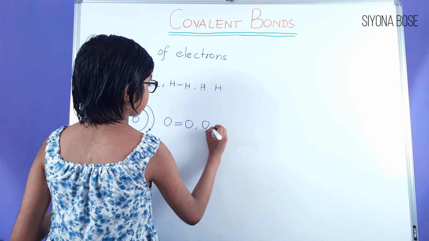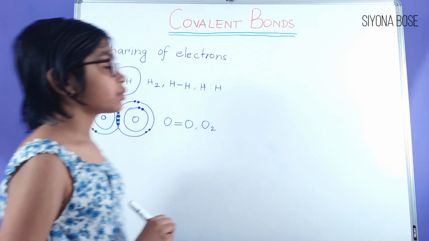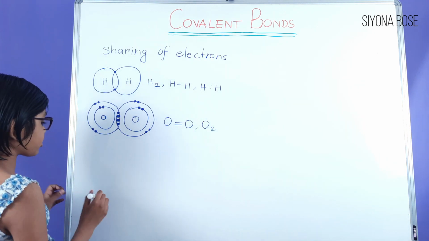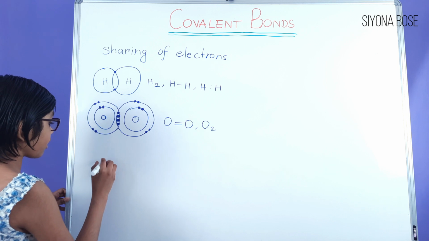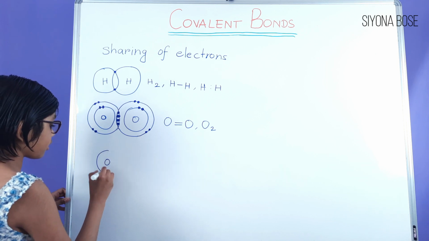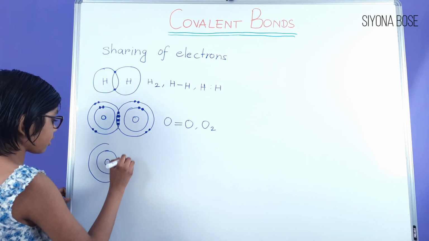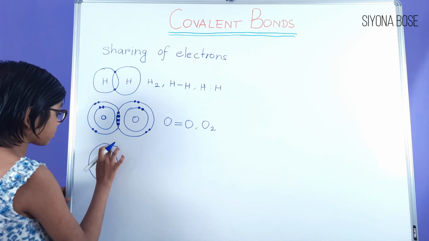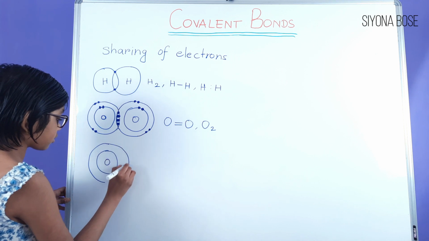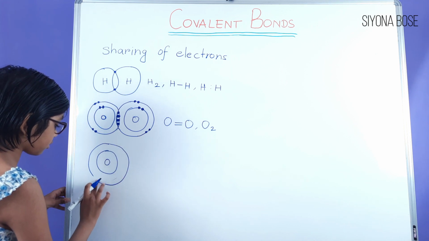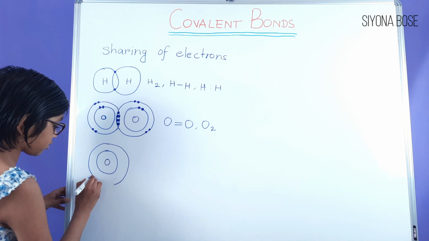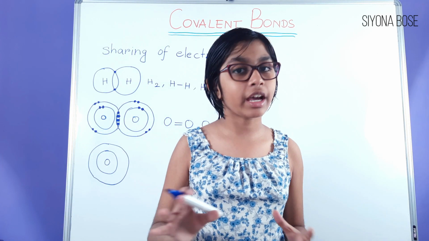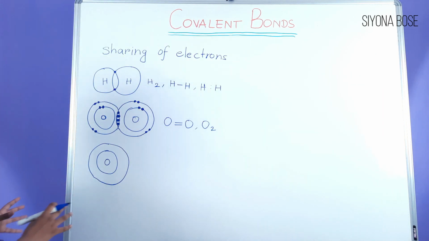That is O2. Now, water. First we have to make the oxygen. There will be 2 hydrogens attached to this oxygen atom.